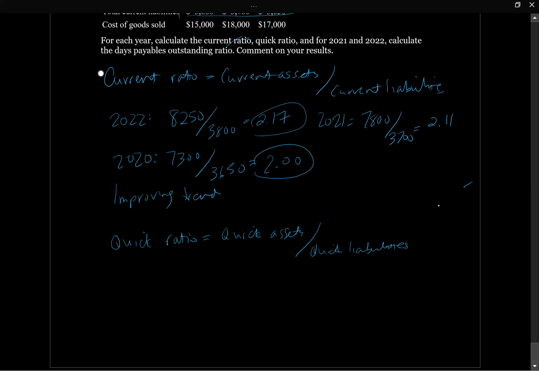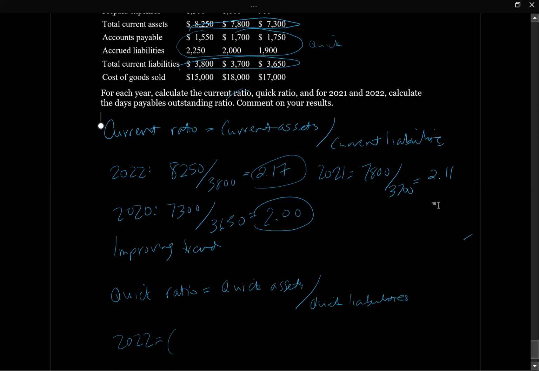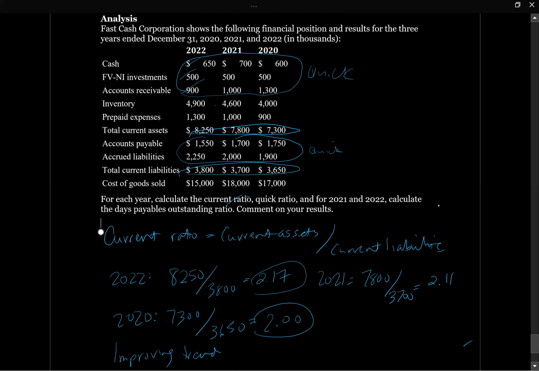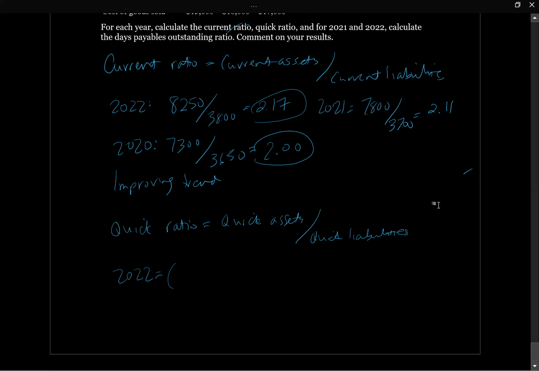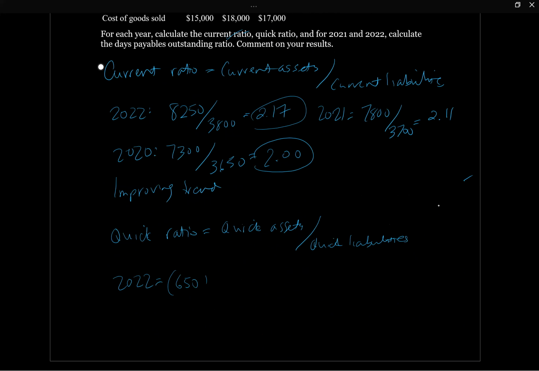Okay, so for 2022, it's going to be the sum of 650 plus 500 plus 900 divided by our current liabilities of 3,800. That's going to give us 0.54.